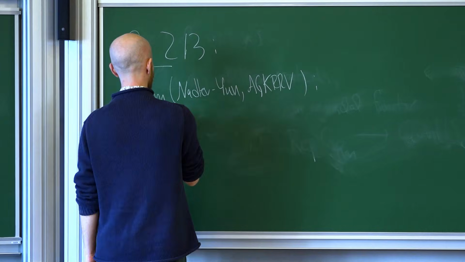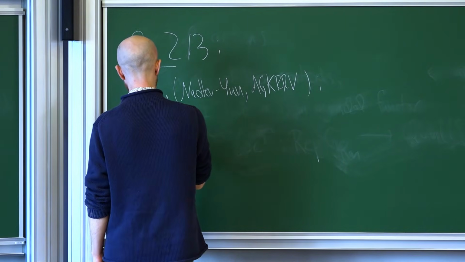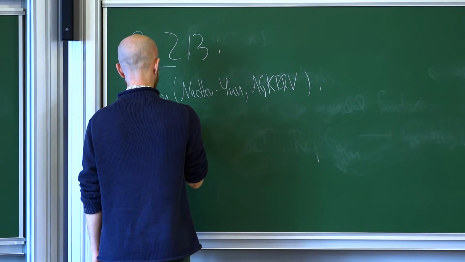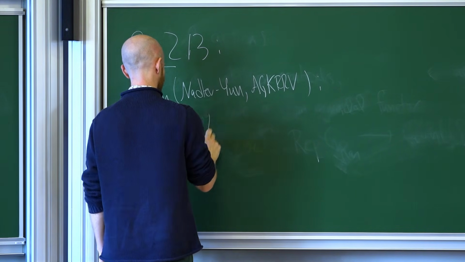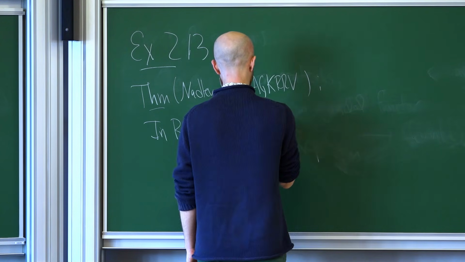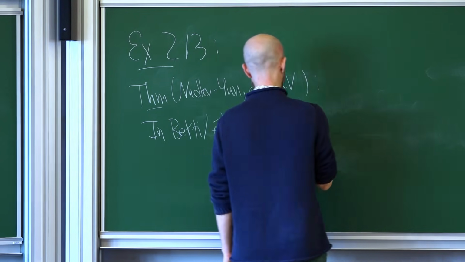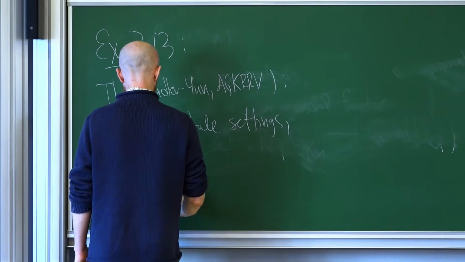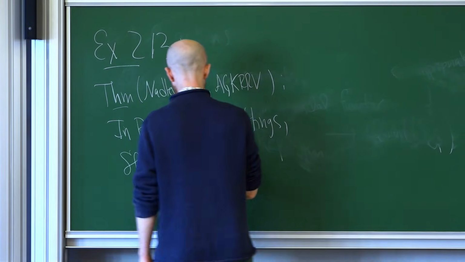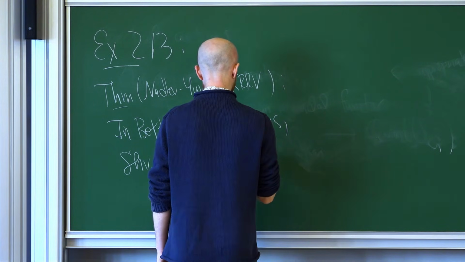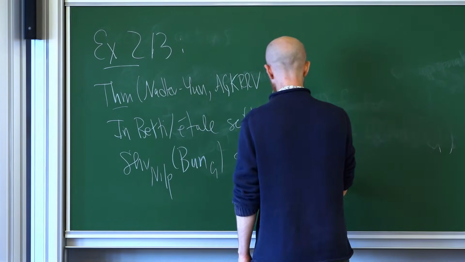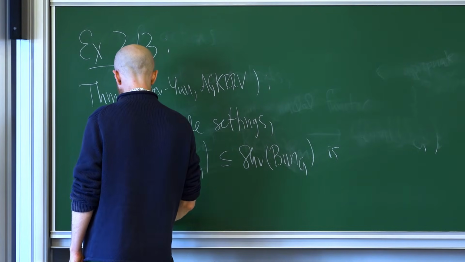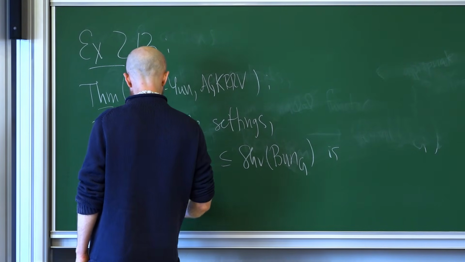But the theorem says that in the Betti and étale worlds, this Shv_nilp on Bun_G inside of sheaves on Bun_G is first of all stable under the Rep G-check Run action.